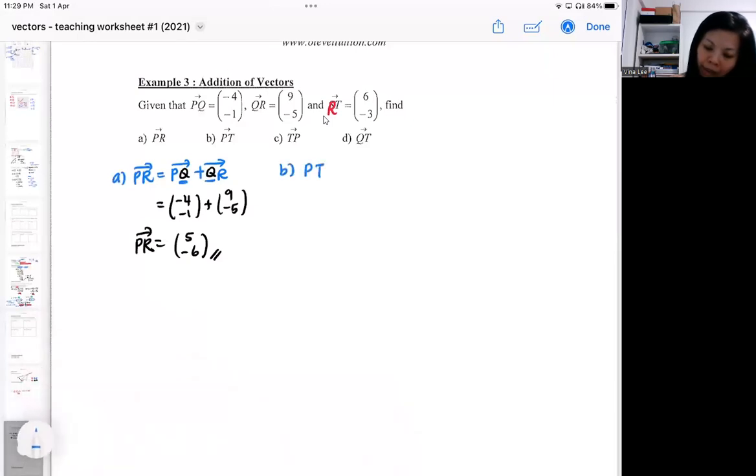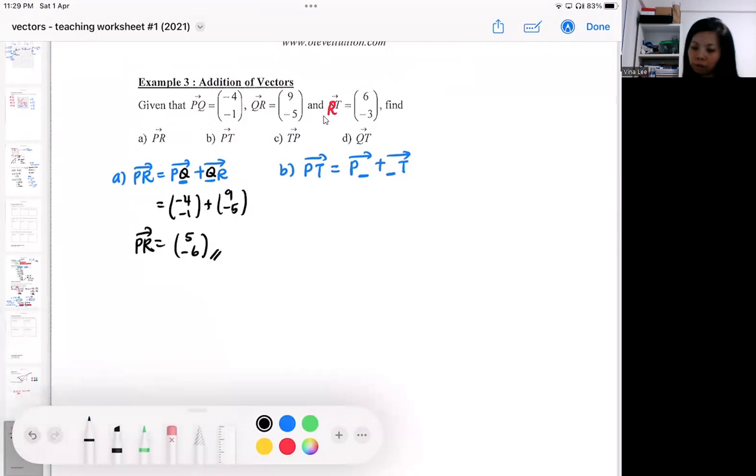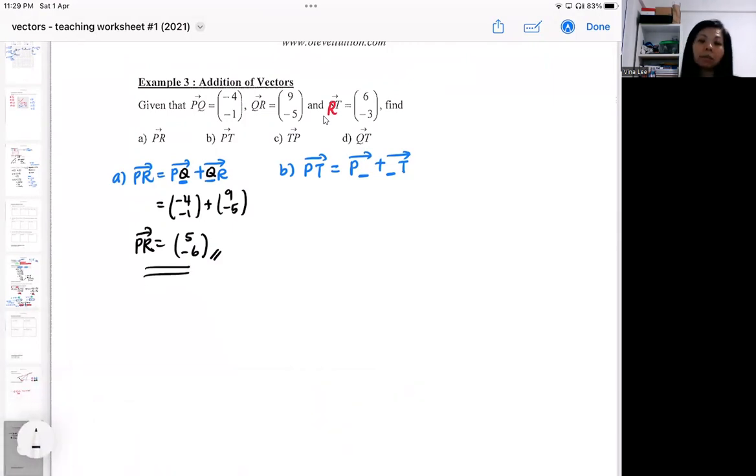Part B is PT. Okay, so again, I'm going to do the fill in the blank. Then you got to look around you. What can you fill in the blank? In fact, sometimes some students might forget that you can use this one.